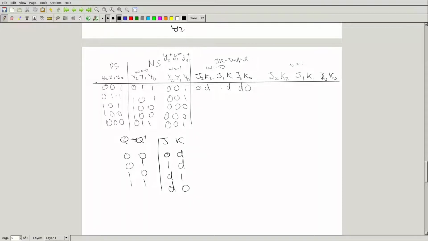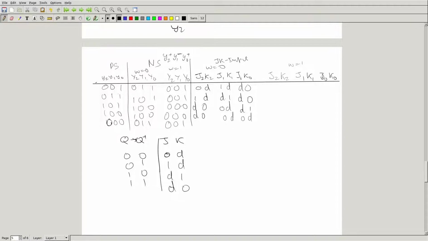So here for Y2, we have 0 to 1, so we enter 1D here, 1 to 0, D1 here, and 1 to 1, D0. 1 to 1, D0, 0 to 0, that is 0D, and 1 to 0, that is D1, and 1 to 1, that is D0, 0 to 0, that's 0D, and then 0 to 0, that's 0D.